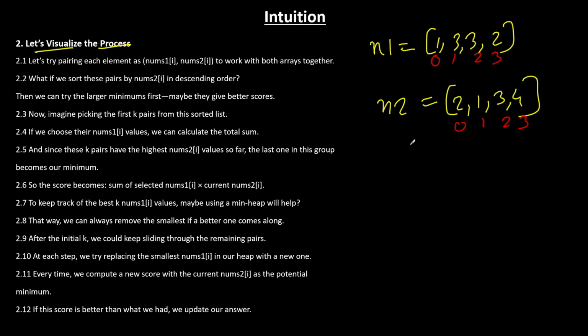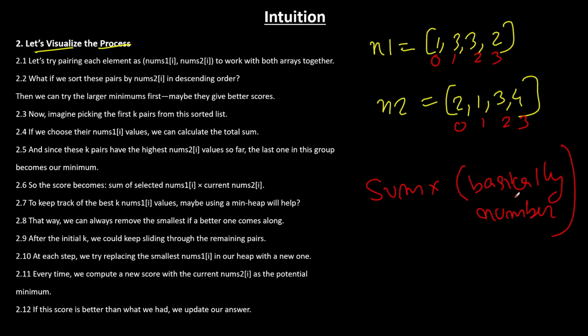The first thing which can come to our mind is we have to multiply the sum with basically the greatest number so that output comes out to be a greater one or the maximized one. We have to choose the minimum element from here, but that minimum element has to be the maximum one so that our sum, which we get after doing the multiplication, is greater.